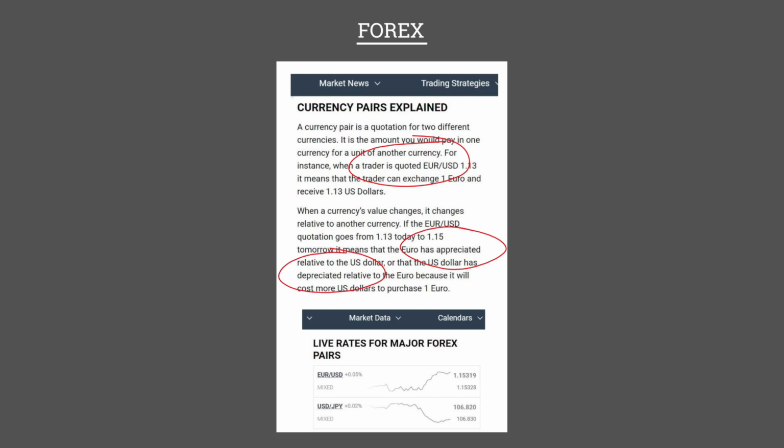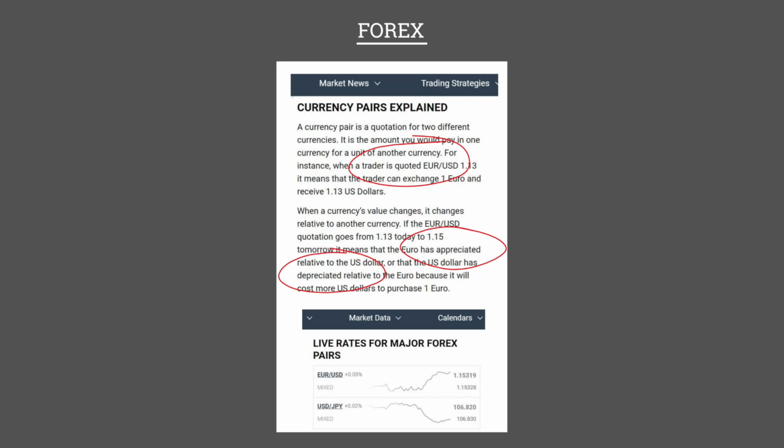You'll notice also in this article we have these other key expressions: to appreciate and to depreciate. And these are the phrases that we use to refer to a currency becoming more valuable or less valuable over time, according to market movements. So according to the change in the graph or the chart, according to the change of the price over time due to people buying and selling these currencies on the open market.